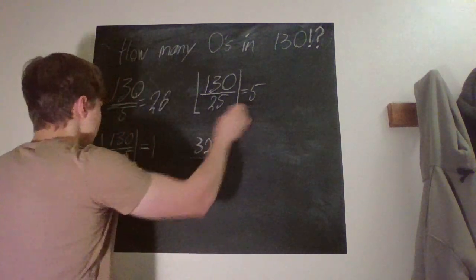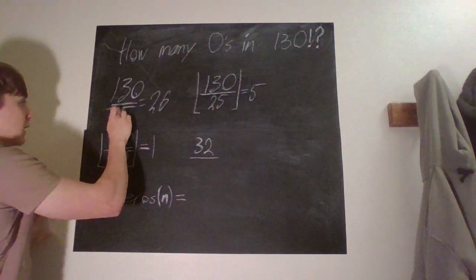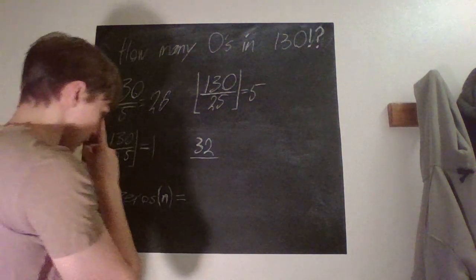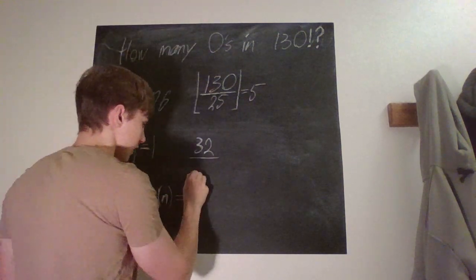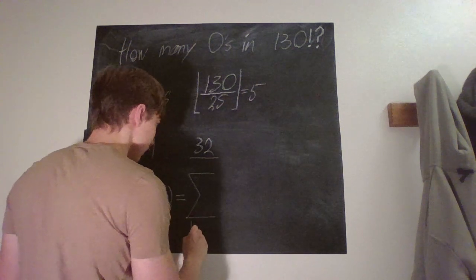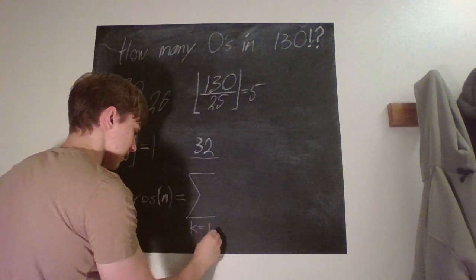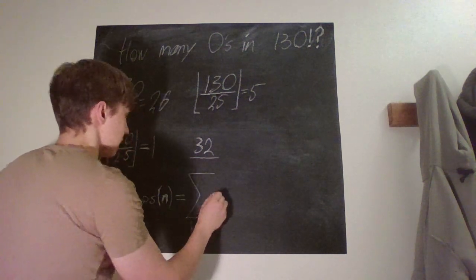Okay, we're taking the sum and we're increasing the power of 5 everywhere. So we can start with our dummy variable k. That should be 1, right? Because that's the first one we're doing.